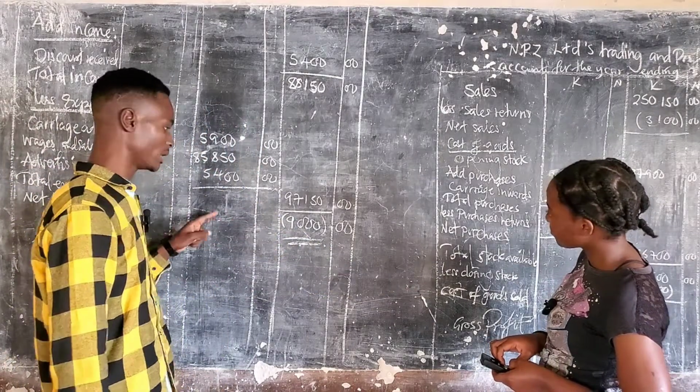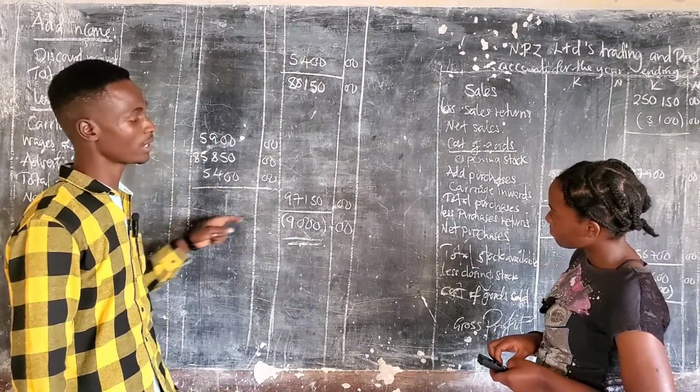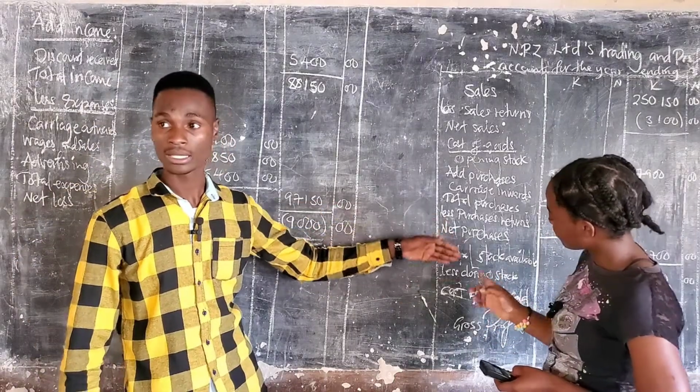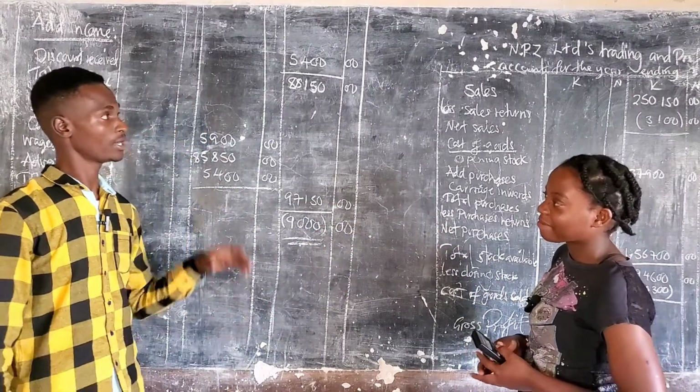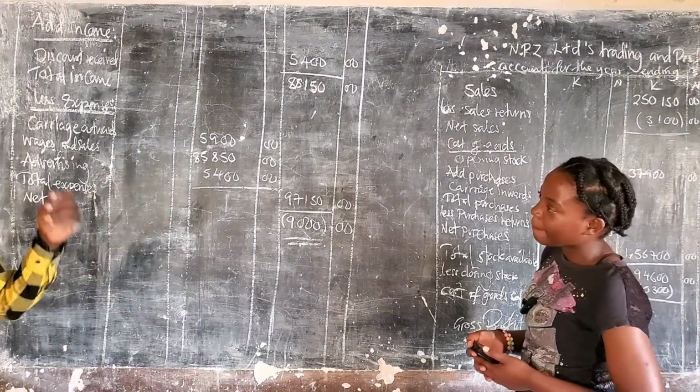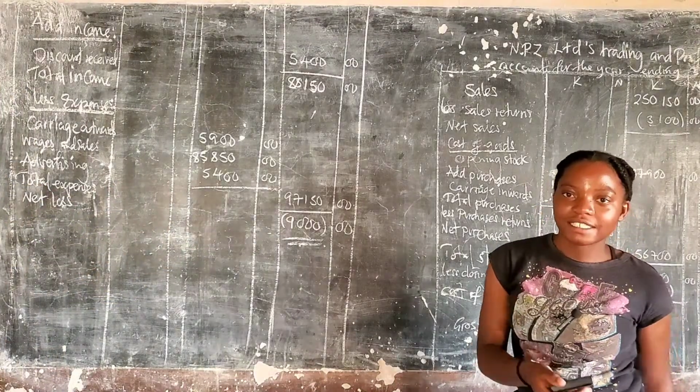We will go with this one because we have the expenses, and the closing stock. So let's go to the balance sheet.